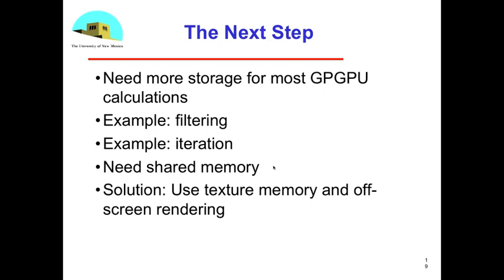And the heart of this is that you need to be able to store things, but you really need shared memory. And if you look at what's shared, none of the geometry is shared. When I'm on a given polygon, I don't know anything about other polygons. But what is shared among all the geometry and all the vertices and all of the fragments is they all have access to the same texture memory.